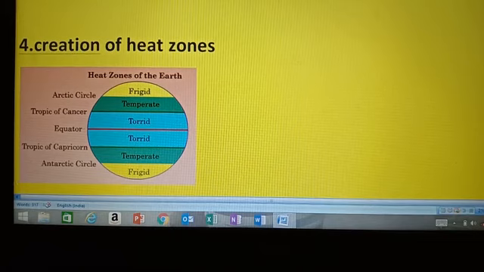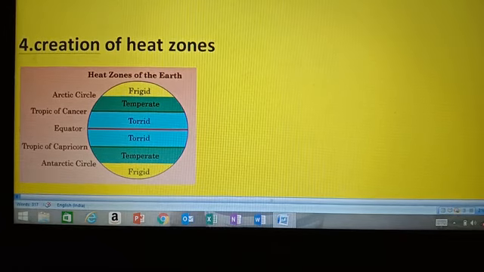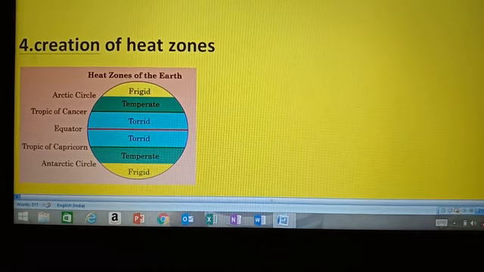It stretches between 23.5 degree north and 66.5 degree north, and between 23.5 degree south and 66.5 degree south. Here the oblique rays fall, that is why the climate is moderate. Then we have frigid zone. Children, frigid zone extends from 66.5 degree north to 90 degree north, 66.5 degree south to 90 degree south. Here extremely oblique rays fall, that is why the temperature is very low and it's very cold here.